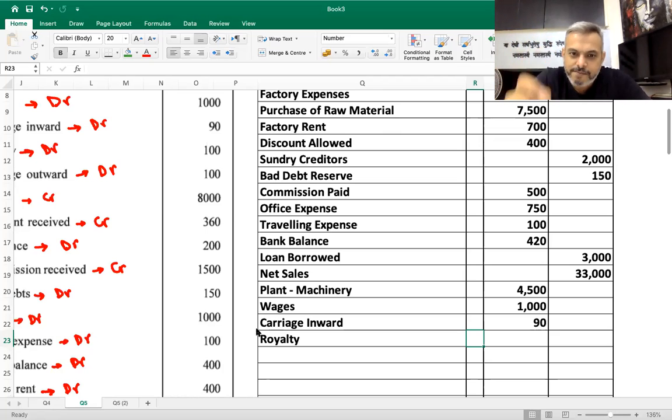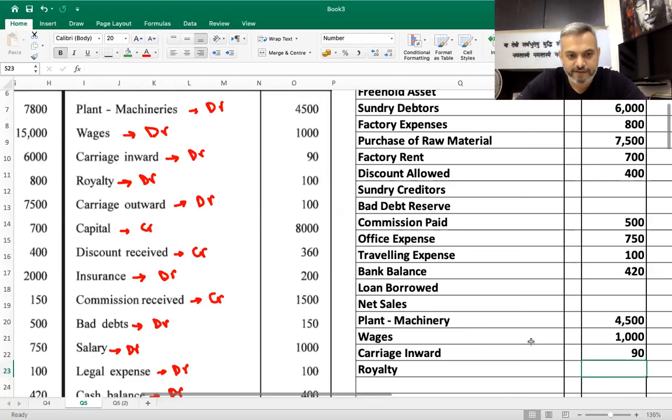You make a film, every time the film is telecast, you will get some money, that is known as royalty. So royalty can be income also, royalty can be expense also, but over here it's a factory, so it means we are giving royalty to someone. So if nothing is given, it's your expense.